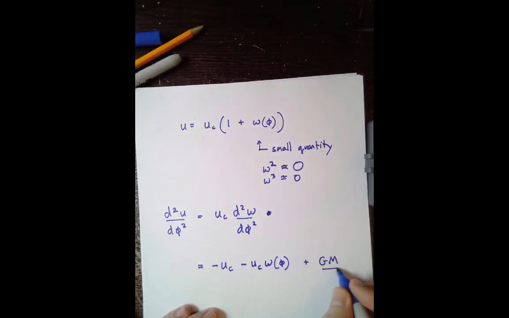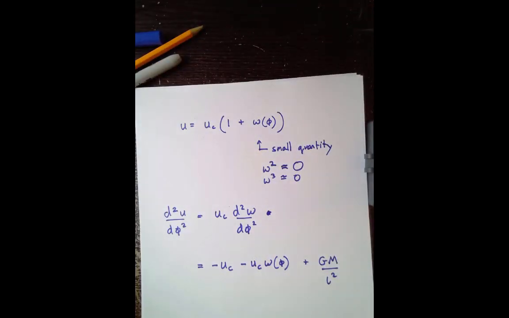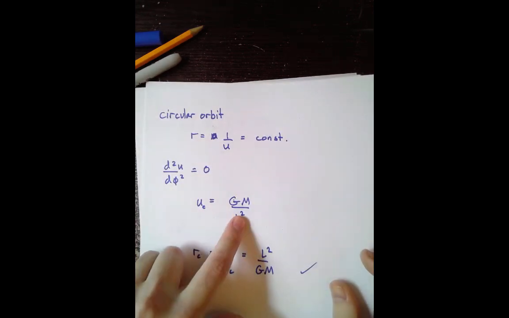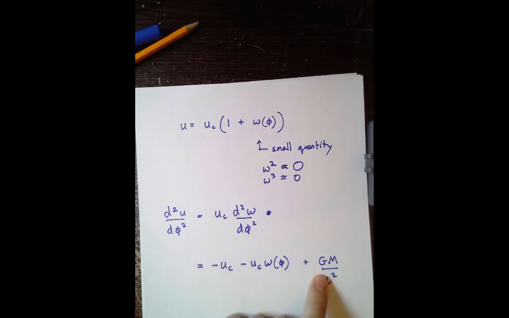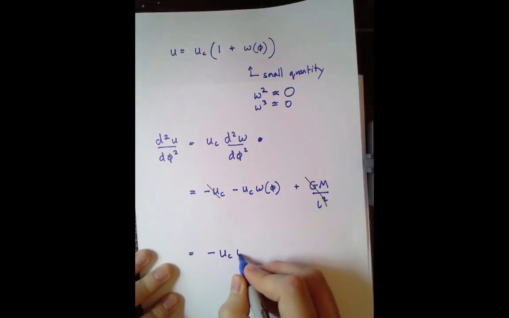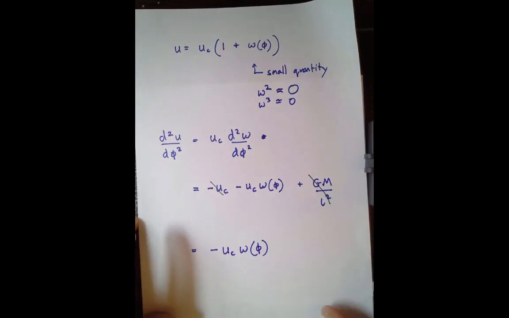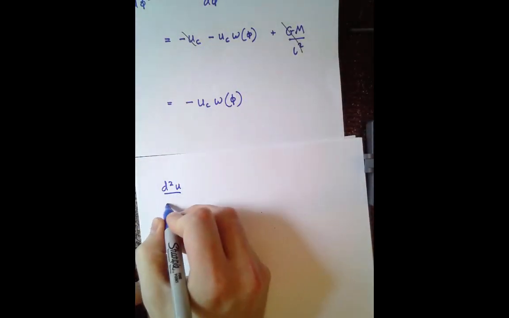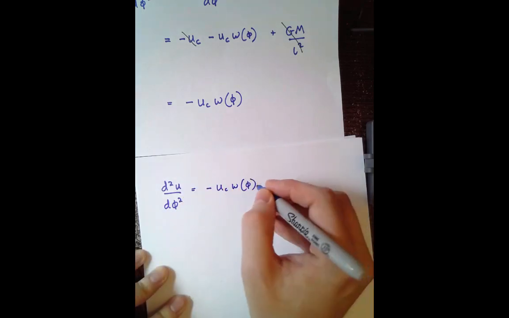But wait, uc is equal to GM over L squared, which means that this term is equal to minus this term, and so these cancel. And we get just minus uc times w of phi. And this is the equation of simple harmonic motion. Let me rewrite it here: d2w by d phi squared is equal to minus uc times w of phi.